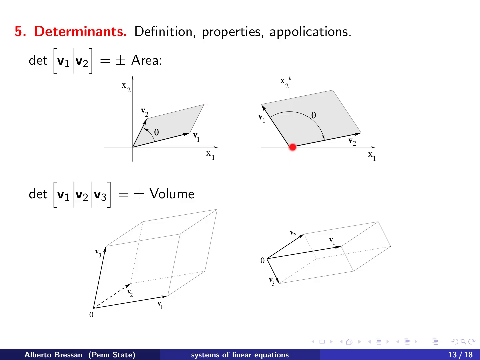Okay, so here if v1 is like this, v2 is like this, and you can form a parallelogram, and this area, the gray area, will be the absolute value of the determinant. And depending on how you arrange v1 and v2, the determinant can be positive or negative.